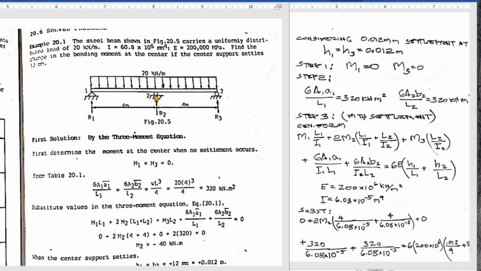Second, yung merong settlement. Notice na this time, meron ka ng moment of inertia tsaka elasticity. So, still yan, no? And then, also, ang kanilang L1 tsaka L2 parehas. And also, uniformly loaded on both spans at 20 kN pareho.